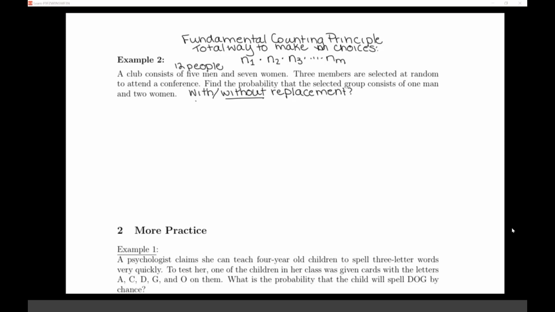And let me ask the other question. Does order matter? Does the order we choose people in matter? Or is everybody doing pretty much the same thing if they're chosen? What do you think?